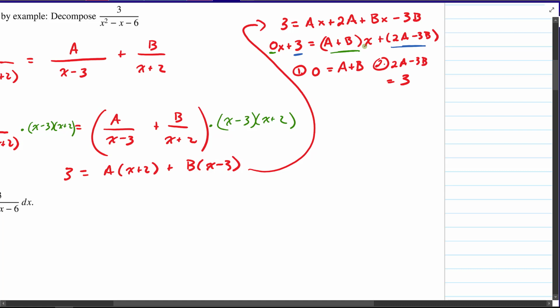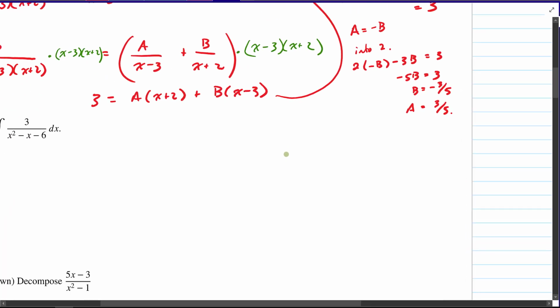So what do I need to do now? I just need to solve this system of equations simultaneously. The first one is straightforward. We get that A is equal to negative B, and if I plug that result into the second equation, this gives me that 2 times negative B minus 3B needs to equal 3, or minus 5B needs to equal 3, or B needs to equal negative 3/5. Since A is the opposite, we get that A is equal to a positive 3/5.